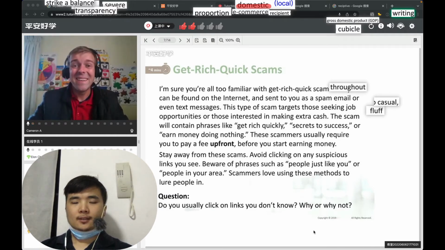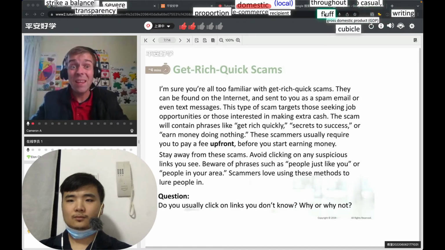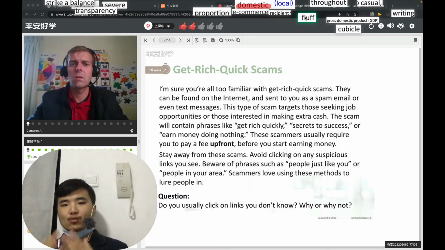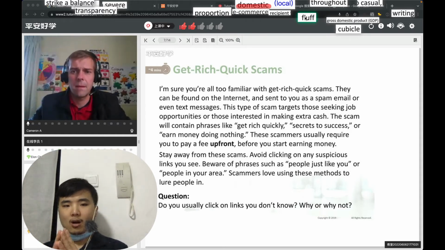Okay. So the first type of scheme we're going to learn about is called a get rich quick scam. Can you read this page, please? Okay, I'm sure you are all too familiar with get rich quick scams. They can be found on the internet and sent to you as a spam email or even text messages.